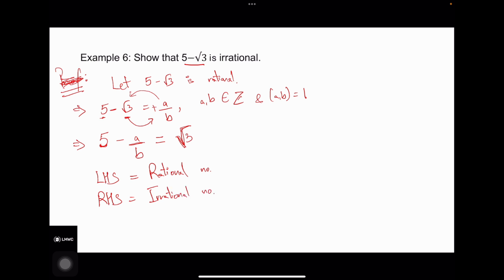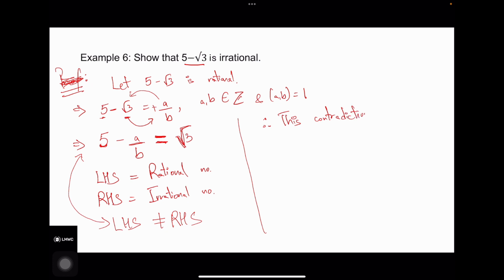So we know that rational and irrational are completely different numbers, but in this particular equation they have written an equality, right? You can see an equality here, so this indicates that LHS is not equal to RHS. So LHS and RHS are not equal, but over here it says they are equal, so therefore we have a contradiction arising here.